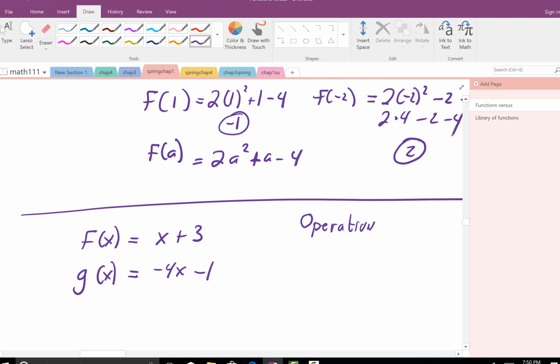I'm going to show you a couple different things here. First of all, this is how they write it in the book, and this is another thing I don't like. They do it like this. It says f plus g with an x like that.